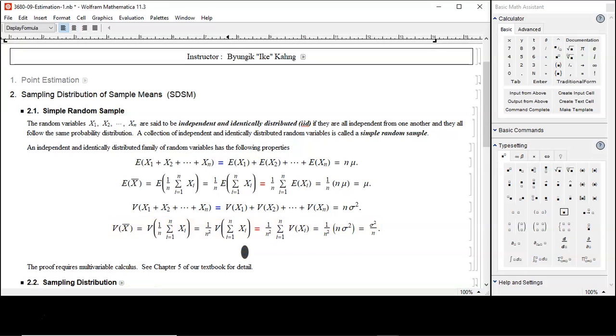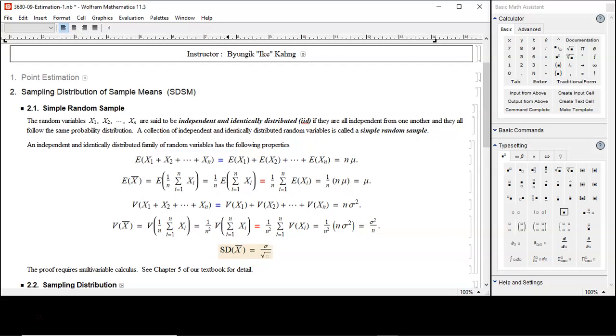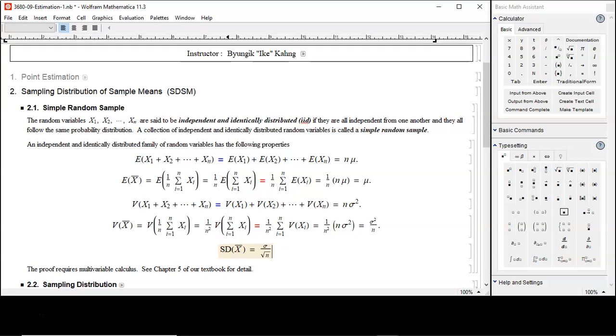And one more. Therefore, the standard deviation of the sample mean is equal to square root of this over square root of n. And this quantity is often called the standard error.